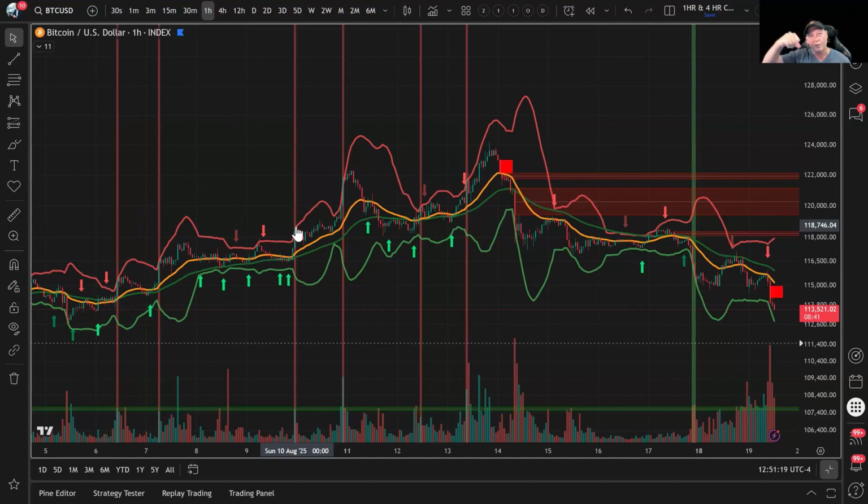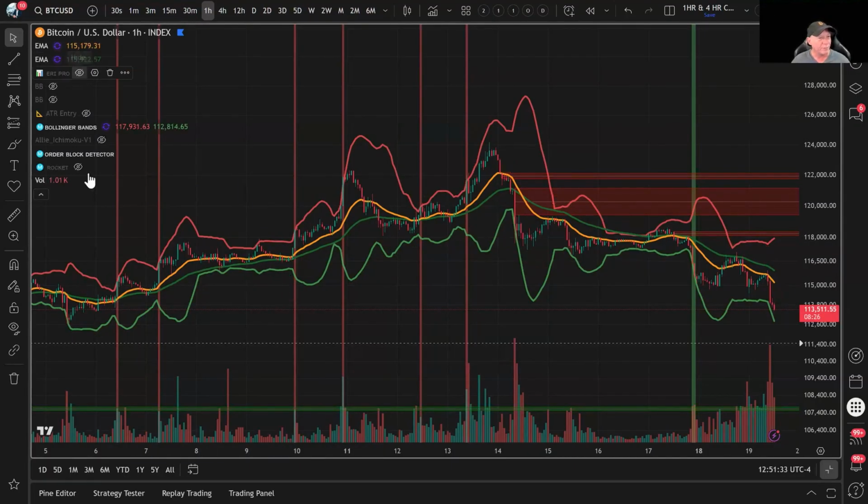The farther you stretch a rubber band, at some point you have to let it go. And what does it do? It snaps back to the middle, and it might even go back and forth a little bit. Same thing, Bollinger Band. So we see when price, let me turn off the ERI for a moment, when prices go up and are touching that Bollinger Band, what happens? Invariably, they sell off and they go back to the median.